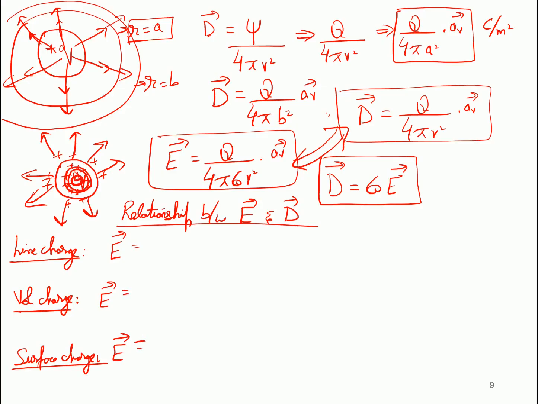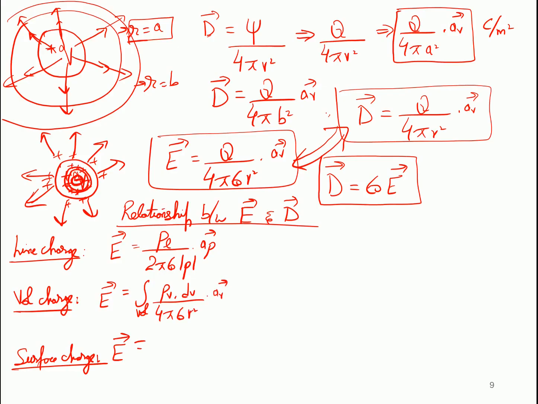We know that the electric field intensity for the line charge distribution is rho L divided by 2 pi epsilon times the absolute value of rho. If it's a vector, then it is a of rho. Similarly, for volume charge density, it is going to be the integral over volume of rho v dv divided by 4 pi epsilon r square, and if it's a unit vector, a of r.